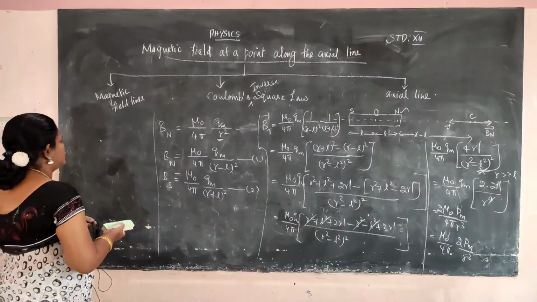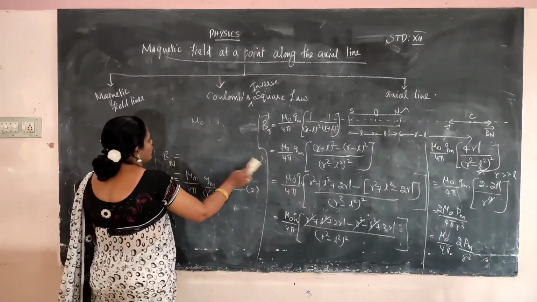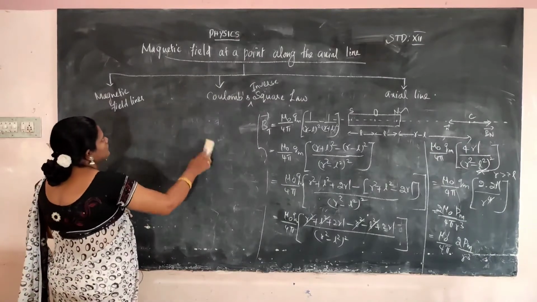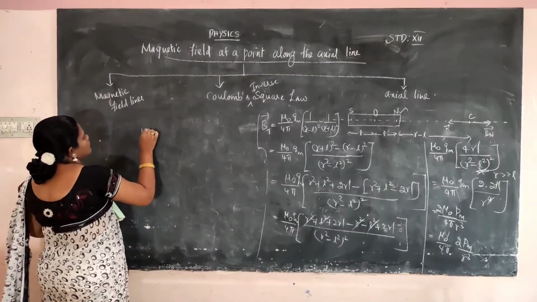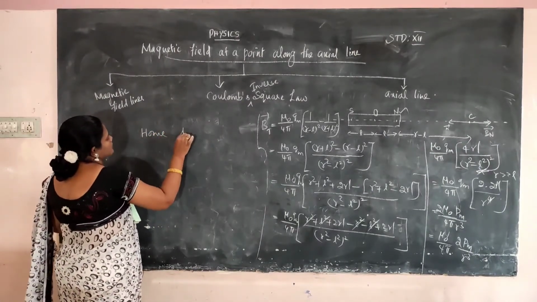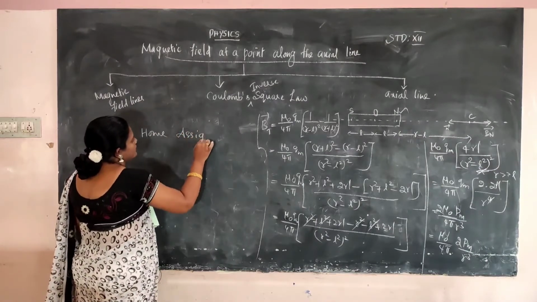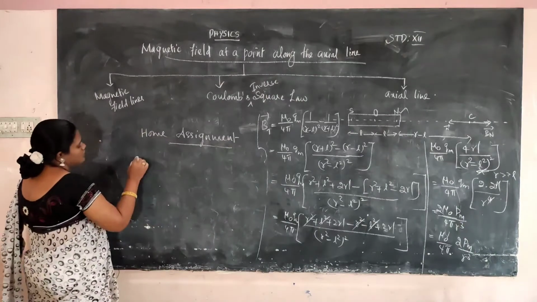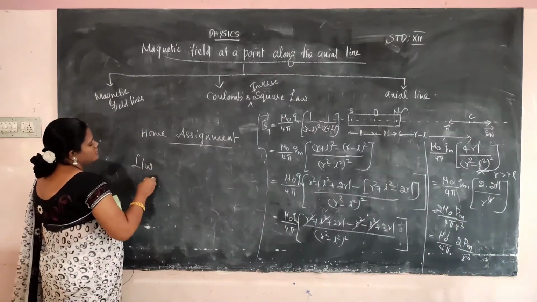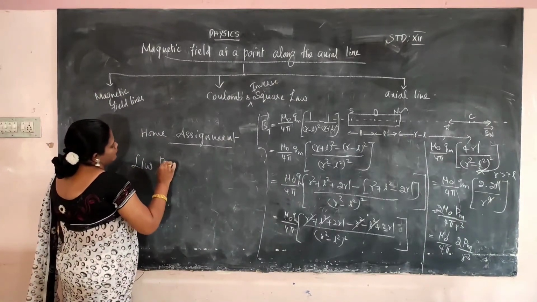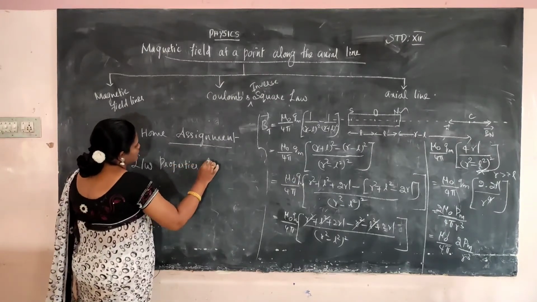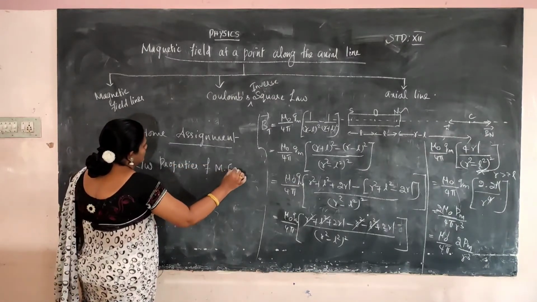So the home assignment for today's session is: first, learn and write the properties of magnetic field lines.